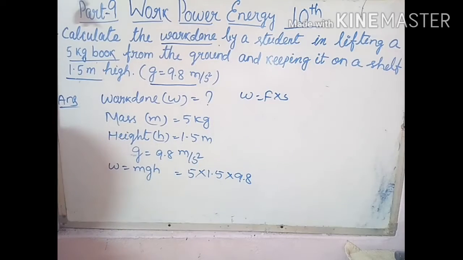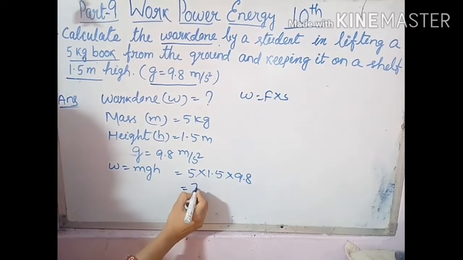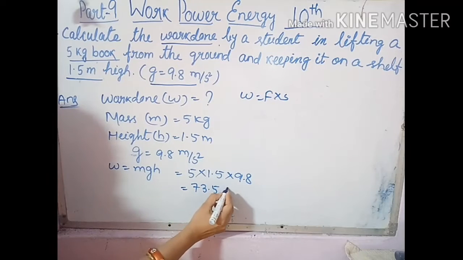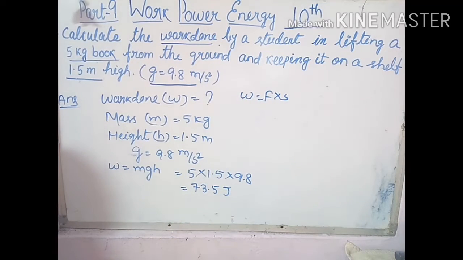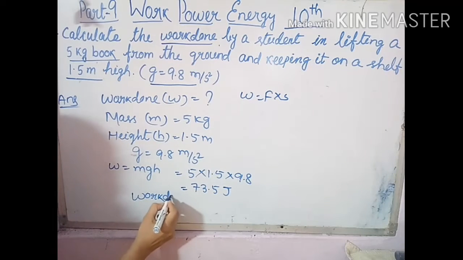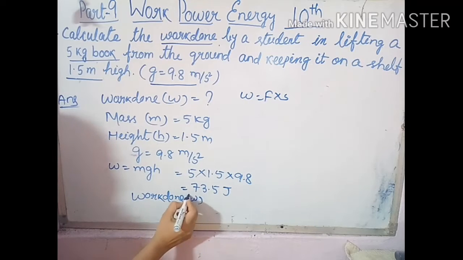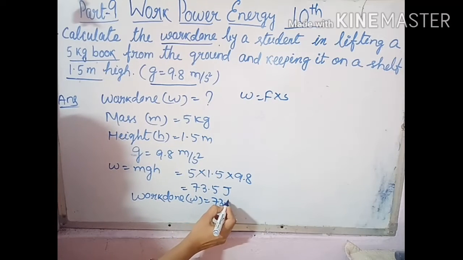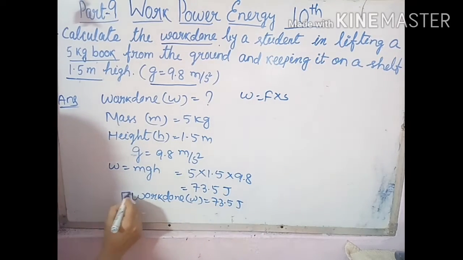All the units are kg, meter and meter per second square, so you need not change any unit. On solving this you will get the answer 73.5 and the unit is joule, as you know that the unit of work done is joule. So your final answer is work done W equals 73.5 joule.